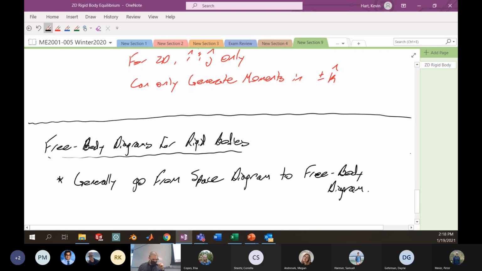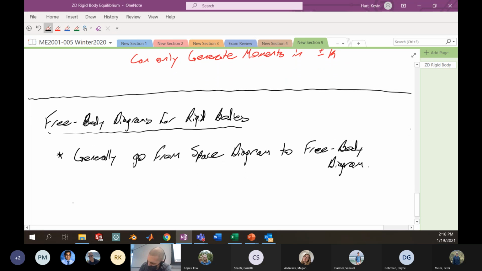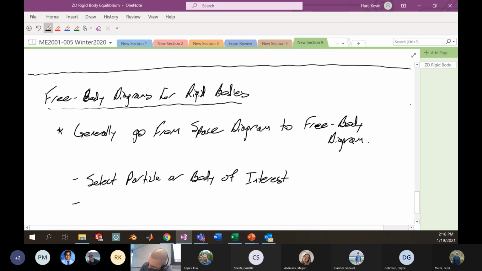And the way that we do this is we pick the body or the particle of interest and we isolate it from its surroundings. Okay? So we select particle or body of interest. Then we isolate that body from its surroundings.